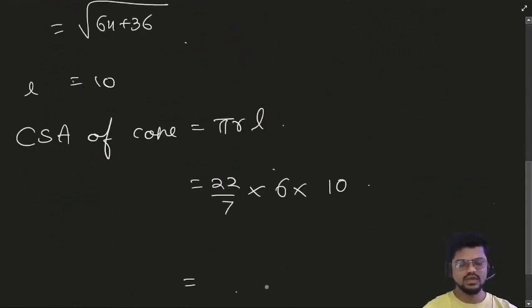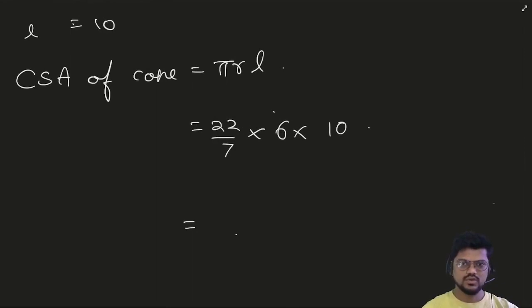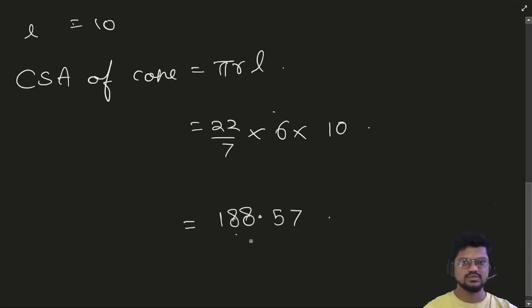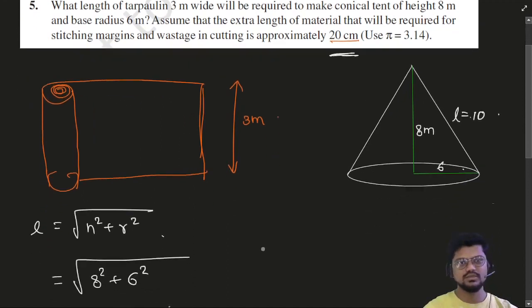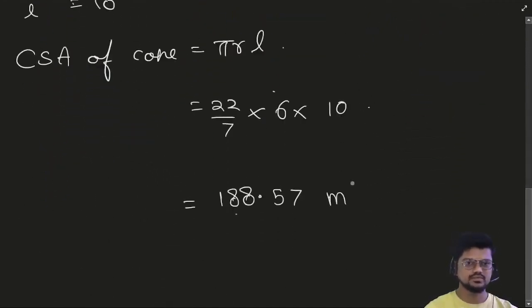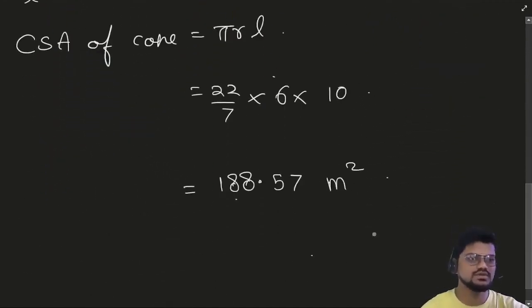So it equals 22 into 6 into 10 divided by 7, that gives you 188.57 meter square. This is the curved surface area of cone.